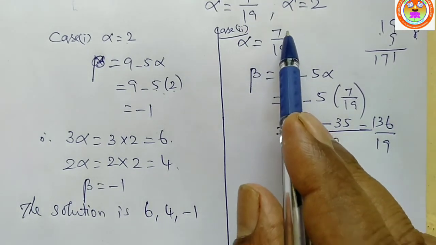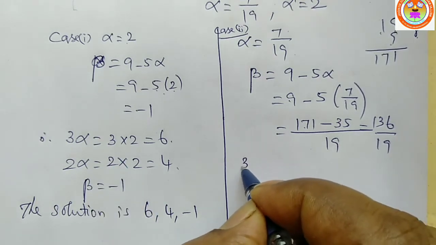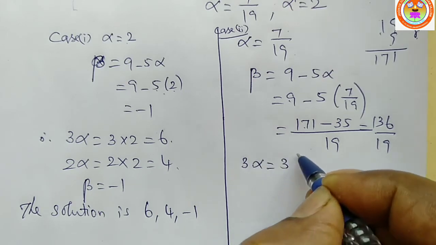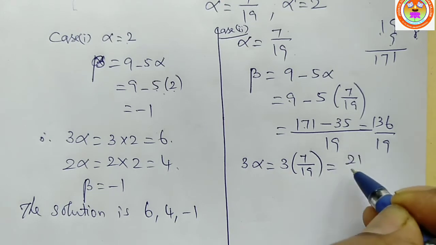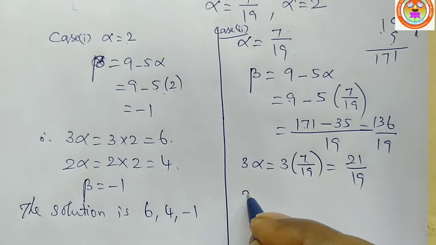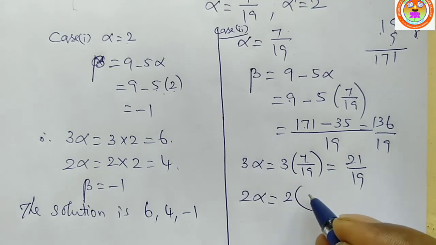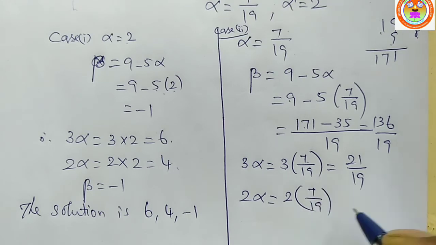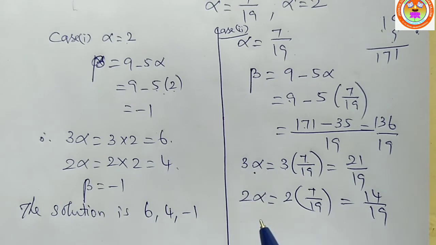But in case 2, alpha is 7 by 19, right? So we have to find 3 alpha and 2 alpha. So 3 alpha means 3 into 7 by 19. That is 21 by 19. 3 times 7 is 21. Now 2 alpha, what is 2 alpha? 2 into the value of alpha, 7 by 19. So 14 by 19. 2 alpha, 3 alpha and beta are the roots, right?